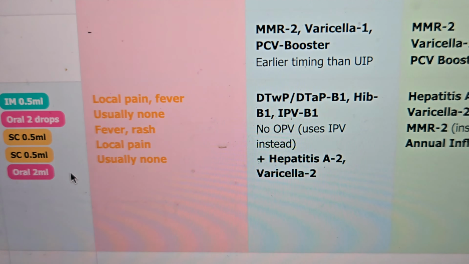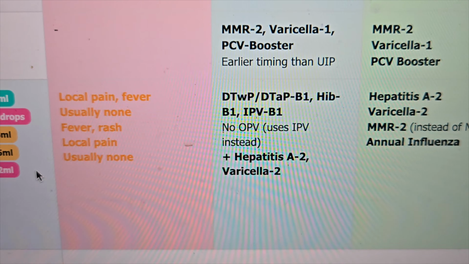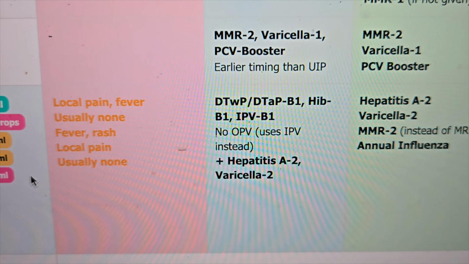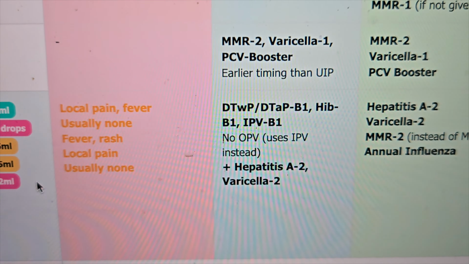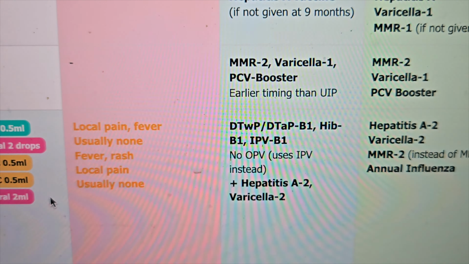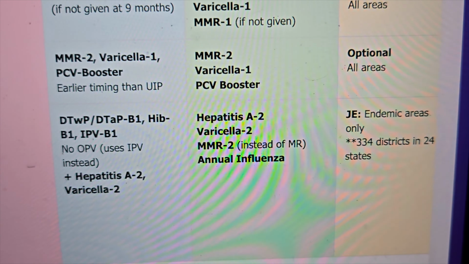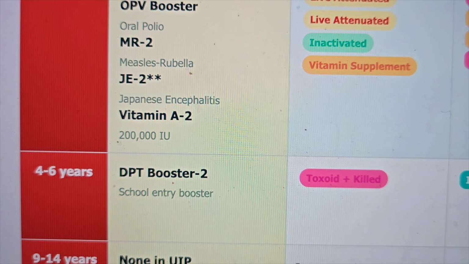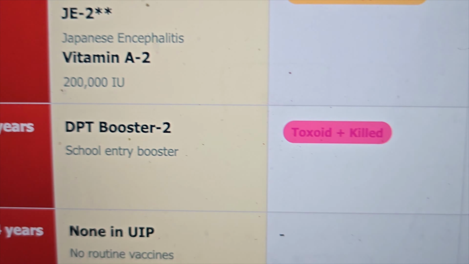So here the same thing: DTwP or DTaP B1, HIB B1 is in the IAP schedule, IPV B1, no OPV, hepatitis A second dose, or varicella second dose. So these are all optional vaccines. Japanese encephalitis is only in endemic areas. Now coming to the 4 to 6 year age group, DPT booster is given.